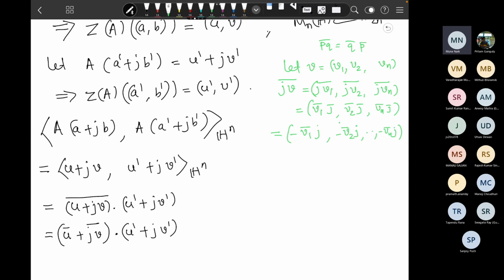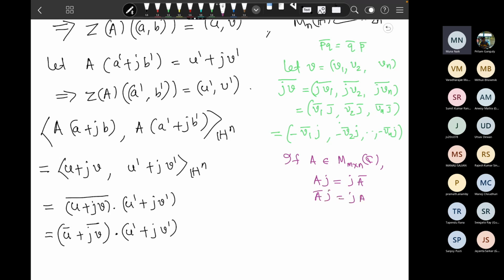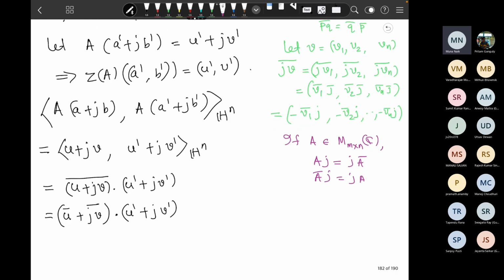Okay, I have also told you that if A is a complex matrix, some complex M cross N matrix, not necessarily square, then Aj is equal to J A bar. So A bar J is equal to J A. We will use that thing.